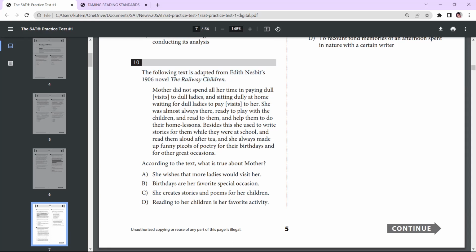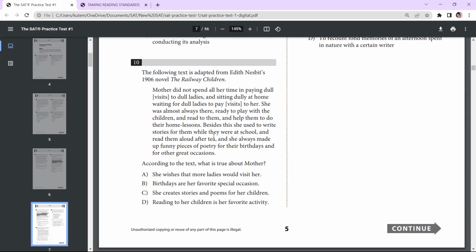So I'm going to read through, and I'll read through the answer options. And I want you guys to really pay attention, because we already know what the question is asking. What is true about mother? And then we're going to see which option has the right information. Okay. Mother did not spend all her time in paying dour visits to dour ladies and sitting dourly at home waiting for dour ladies to pay visits to her.